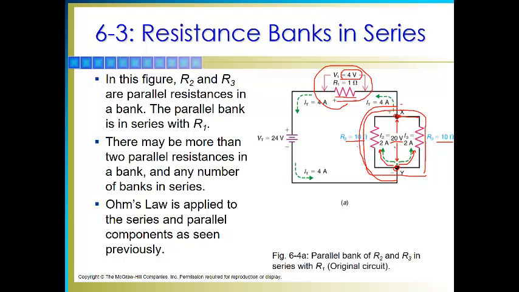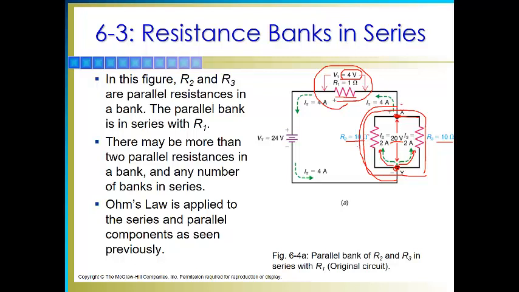How do we calculate this? Remember, the voltage in parallel connections is the same in every single branch. So if I know that I have 2 amps going this way, and the resistor here is 10 ohms, 2 times 10 equals 20.